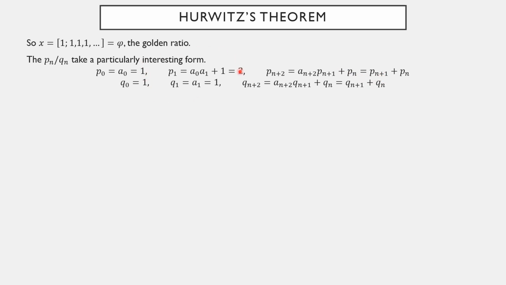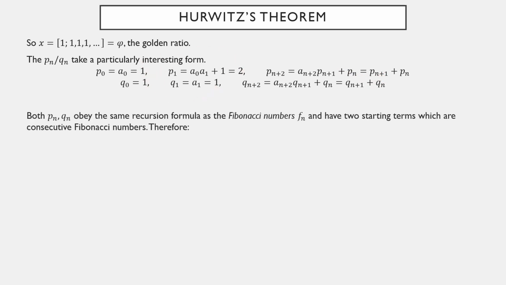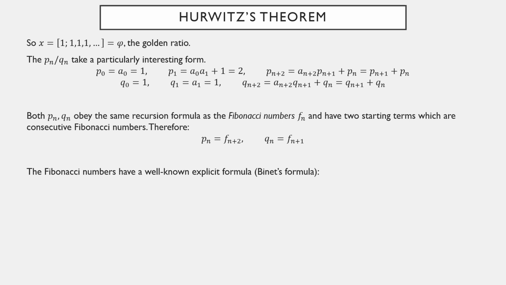This starts with a 1 and a 2, this starts with a 1 and a 1. So that's the same recursive formula as the Fibonacci numbers. And both the p's and q's start with two consecutive Fibonacci numbers. 1 and 2 are consecutive Fibonacci numbers, as are 1 and 1. Therefore, the p's and q's are Fibonacci numbers, F(n+2) and F(n+1) specifically.